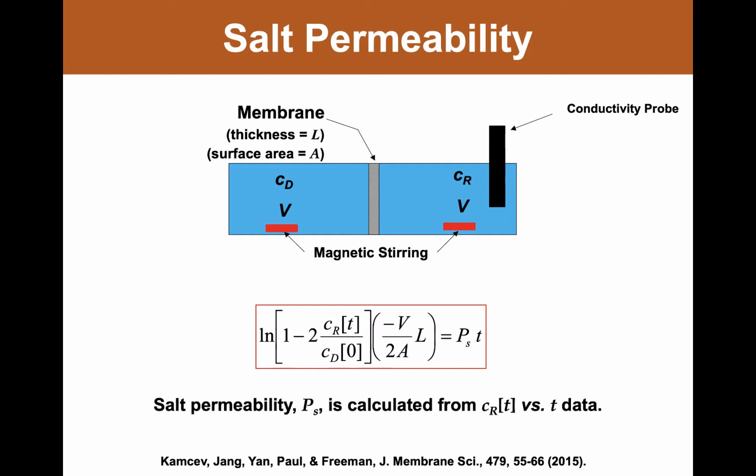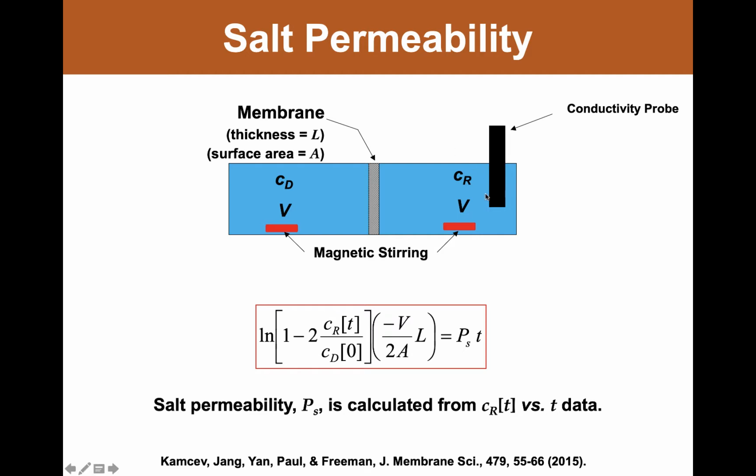In the laboratory, at least, a common or easy way to do this is to take a non-porous membrane and sandwich it between two aqueous solutions, one called a donor solution, so the subscript D represents donor, and one called a receiver solution with a subscript R. In this particular case, the donor and receiver solutions have the same volume of solution V. That doesn't have to be the case, but it's convenient from an experimental point of view.